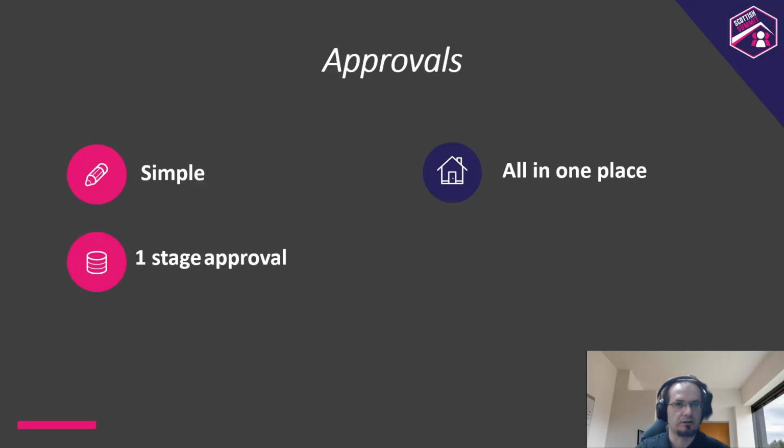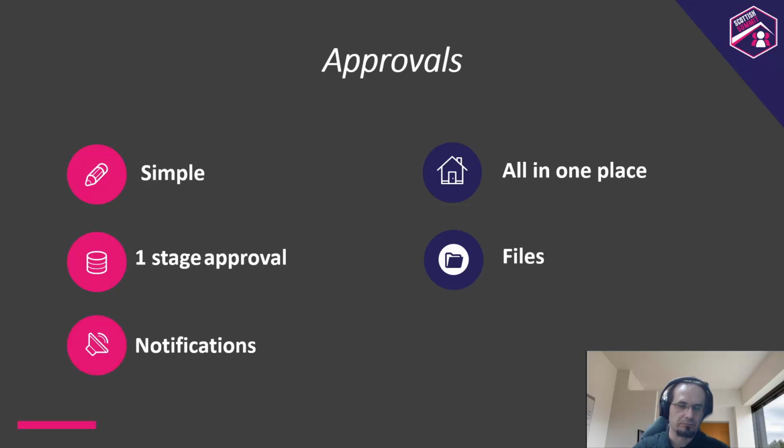Approvals allow us to use only one-stage approval, so there are no multi-level approvals. You can add files to your approval, so attach some files. Users will get notifications about a new approval assigned to them, which is very important because you don't want to miss an approval.